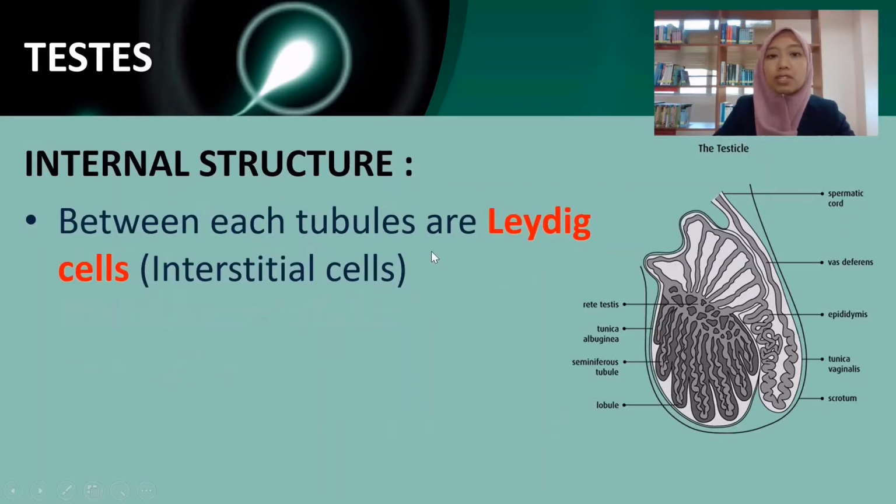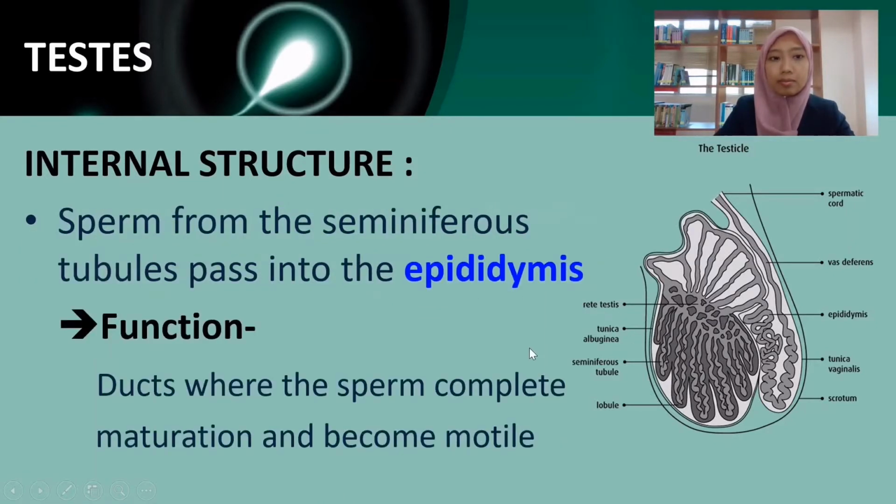In each seminiferous tubule, there are Leydig cells that are surrounded by interstitial cells. And the sperm produced from the seminiferous tubules will then pass into the epididymis.